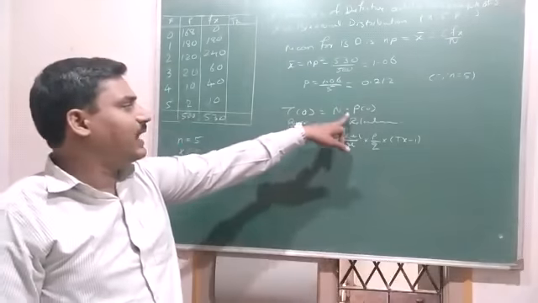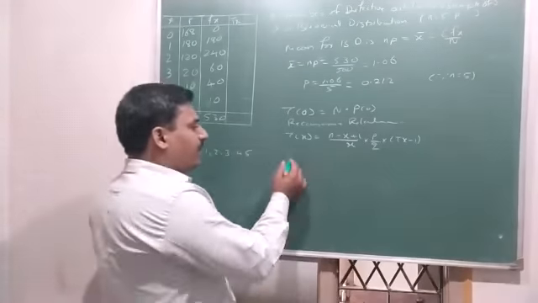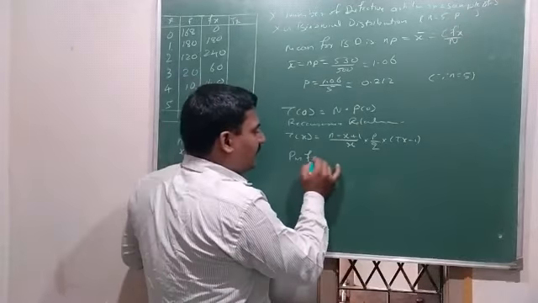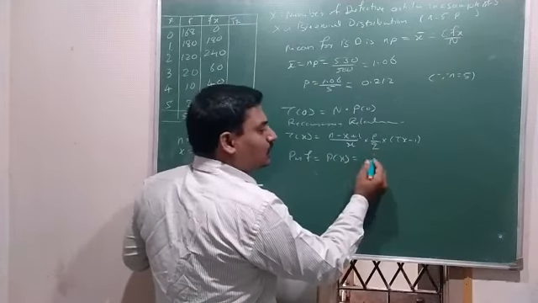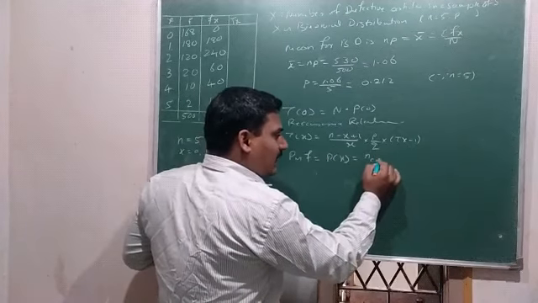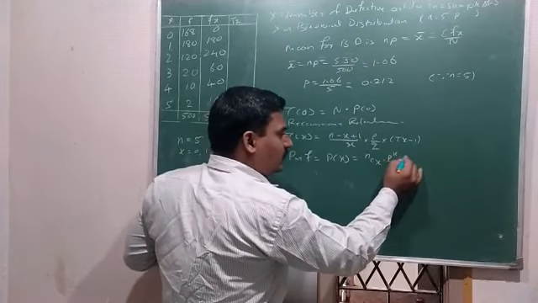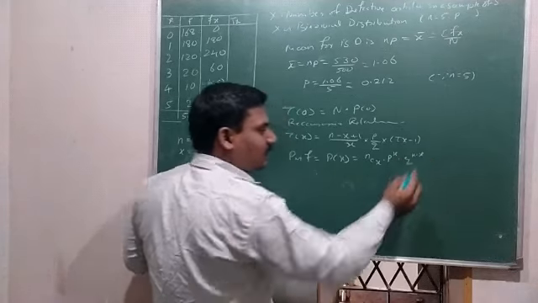So first let us calculate P of 0. The PMF is P of x is equal to nCx into P raised to x into Q raised to n minus x.